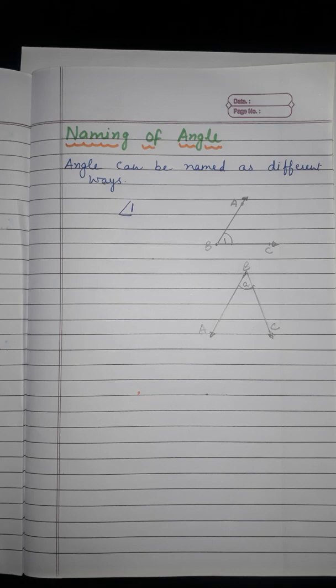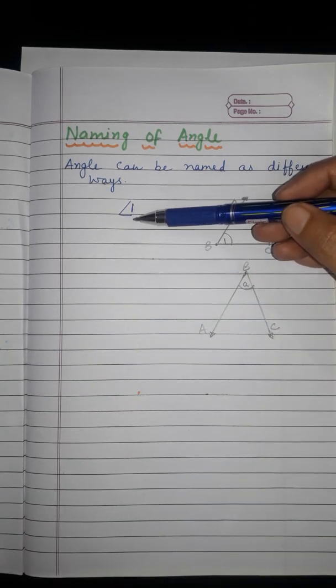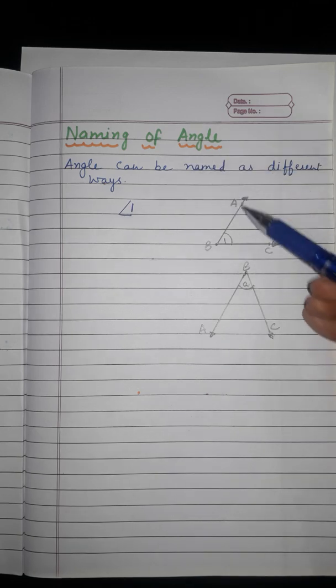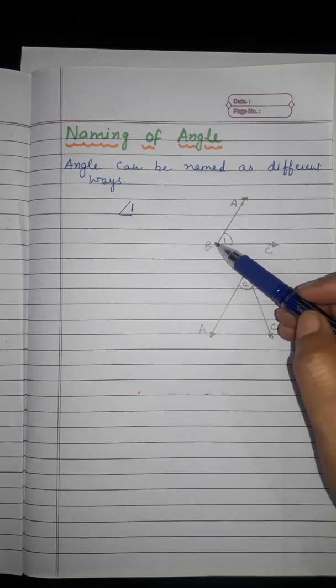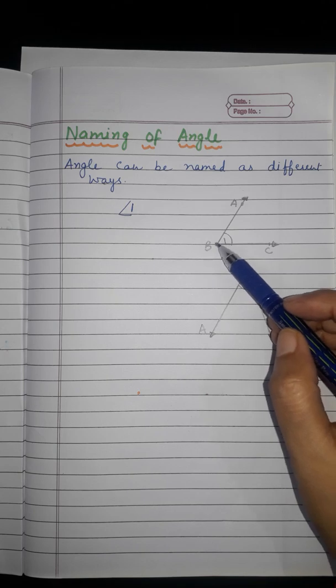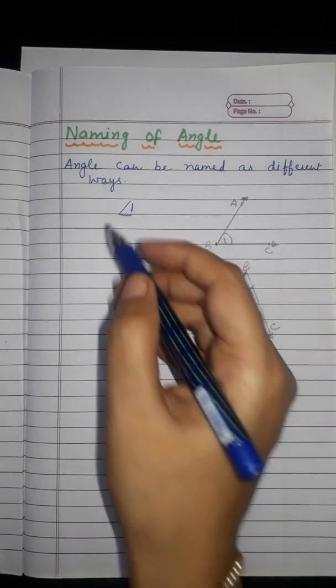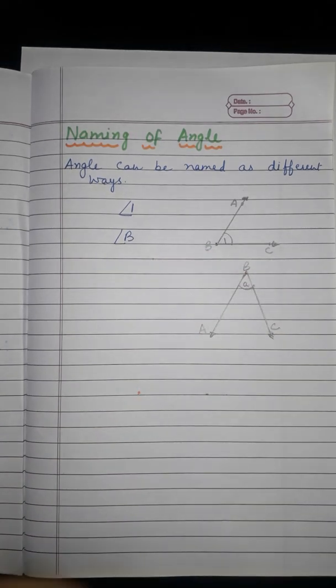To write the name of the angle, the symbol must be used. After that, the name of the angle can be written as a single letter at the vertex. The single letter is B, the vertex is B, so we can write it as angle B. If we write it as simple B, it represents the vertex, not the angle.